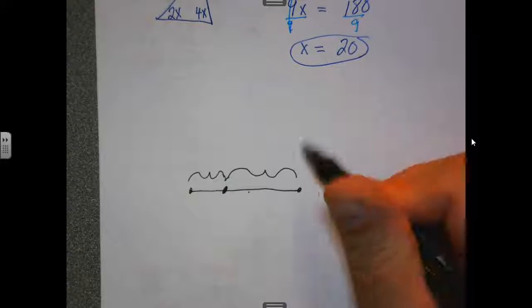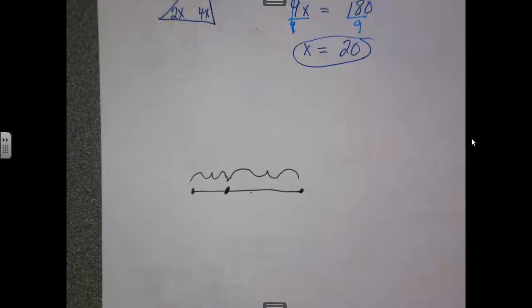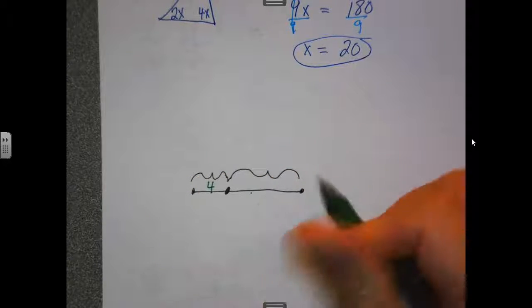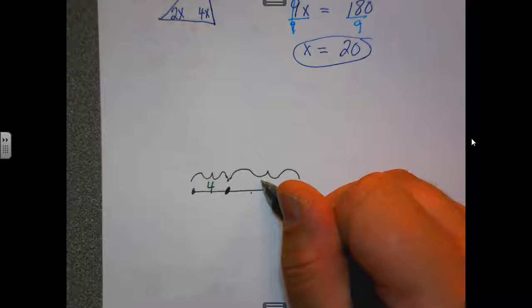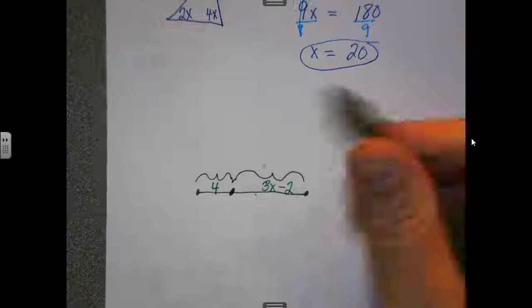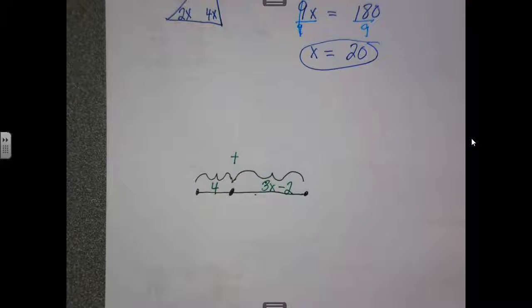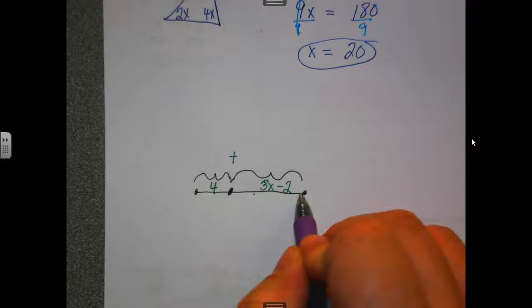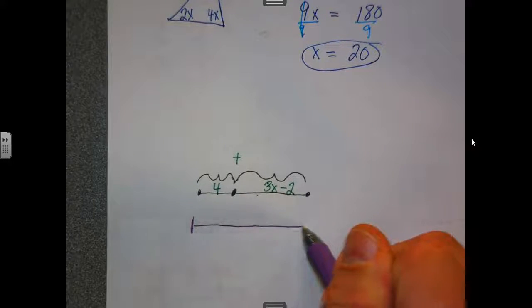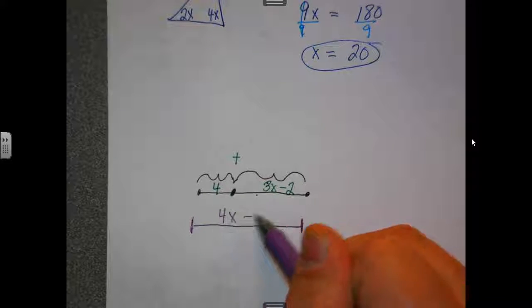What do they equal? Suppose this was 4. And this was 3x minus 2. If you add these two line segments up, they'll equal the long line segment. Suppose that long line segment is 4x minus 6.